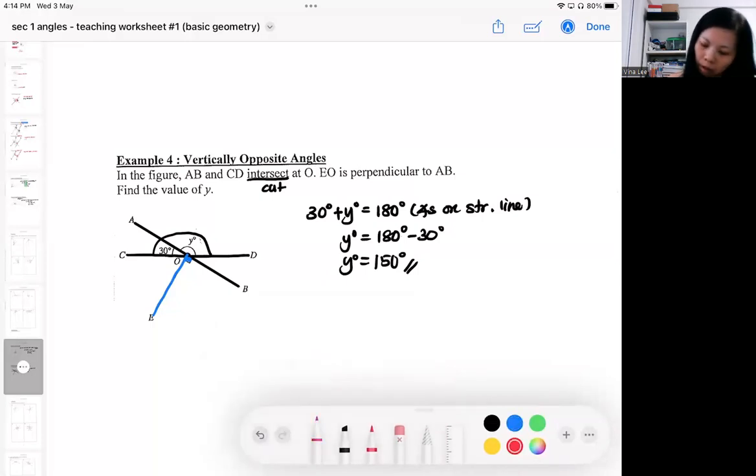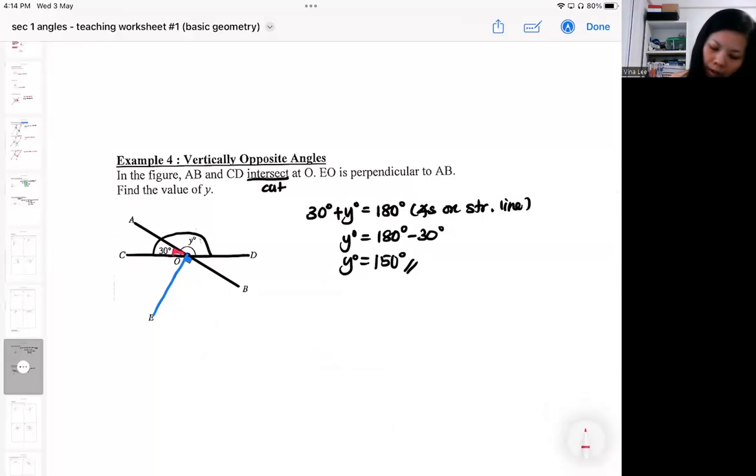Okay, or if you see there's a vertically opposite angle here. DOE is equal to 30 degrees because it's a vertically opposite angle. You can still do an angle on a straight line. So it will still be the same thing, just how you want to see it.